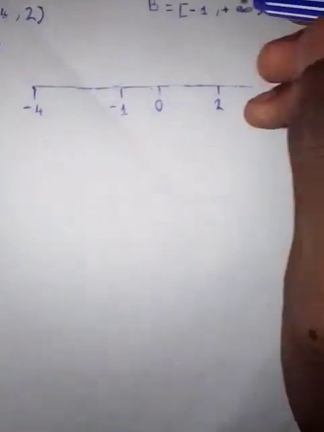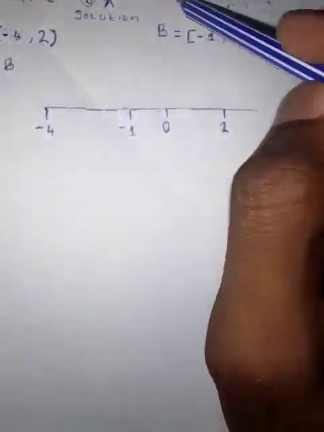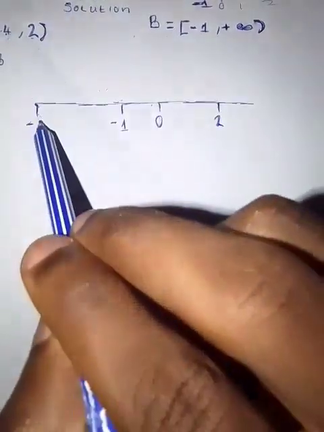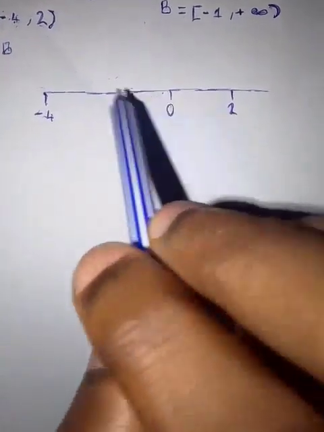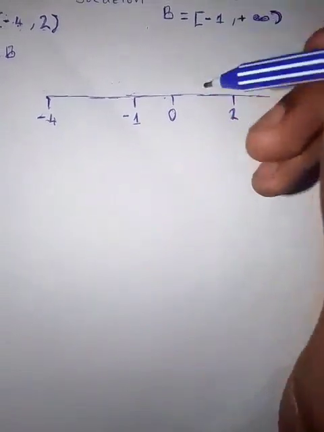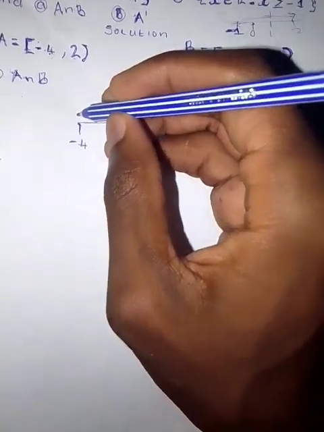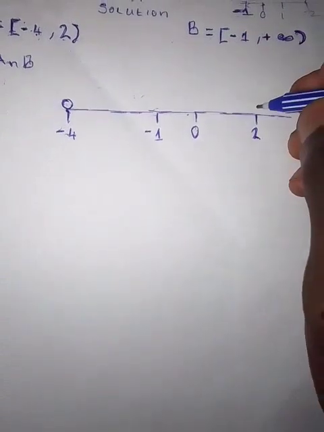Now you have to show each set on the number line that you have just drawn. You are going to begin with the first set, A. Set A is starting from -4 to -2. How do you show it? First of all, you draw a circle like this, where it is starting from and where it is ending.